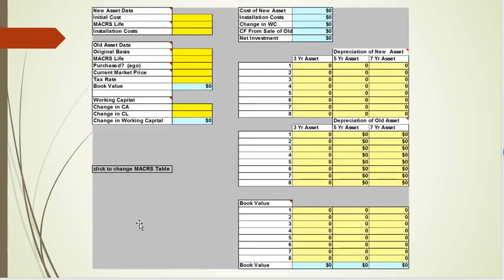There is a spreadsheet or worksheet that you can use for this, where you can incorporate this whole process of buying and selling assets, right? This is what's referred to as the capital budgeting worksheet, where you can input a new asset that you're going to buy, and an old asset that you're going to sell.